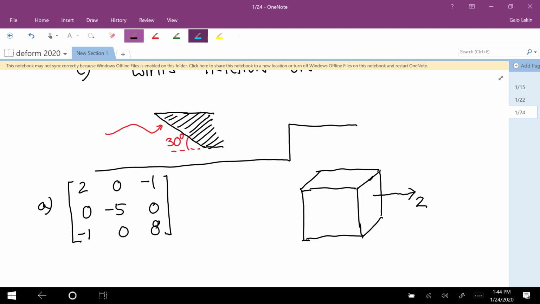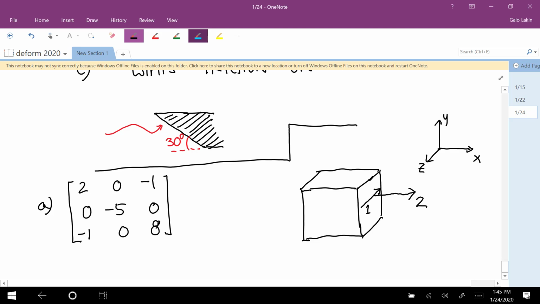In the z direction, there's something in the negative z direction, so it's going opposite, here's our coordinate system. So this 1 is going back this way because it's in the negative z direction. Any questions about that?